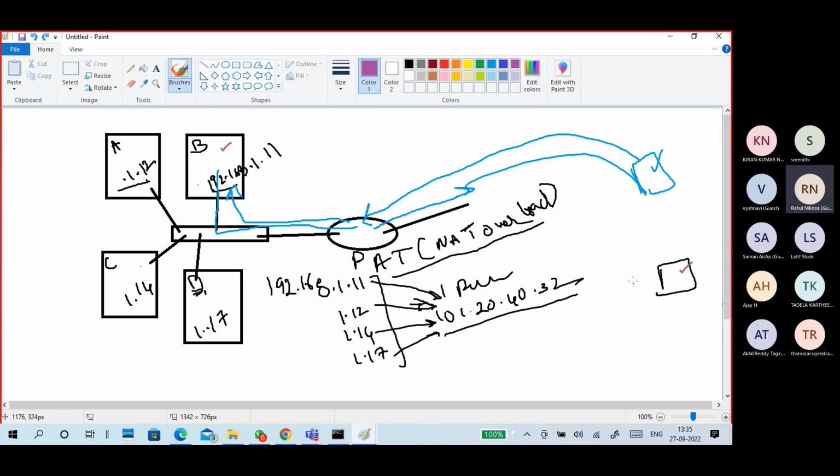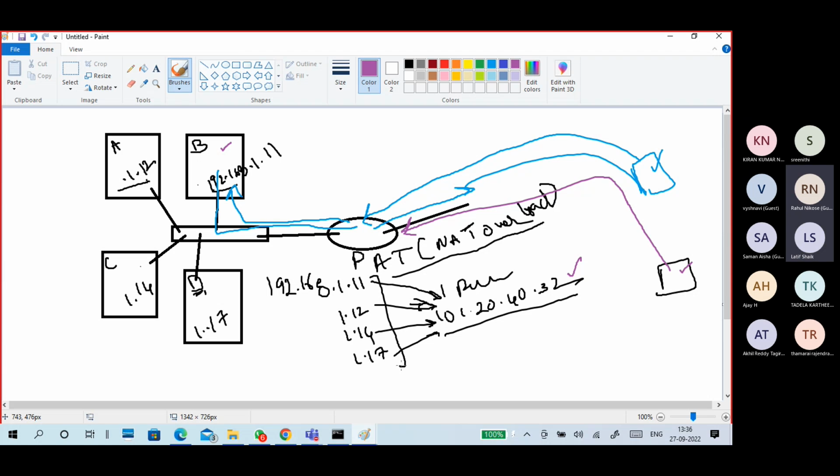Because he tries to send a packet to your public IP address, but the public IP belongs to several private IP addresses. Which PC does it belong to? No one knows.